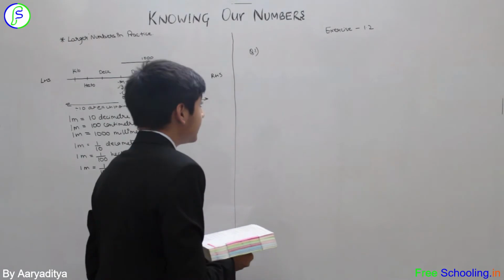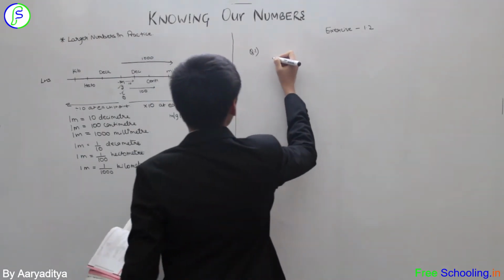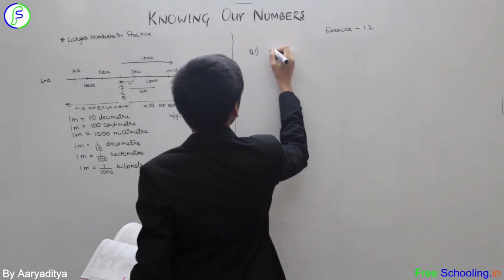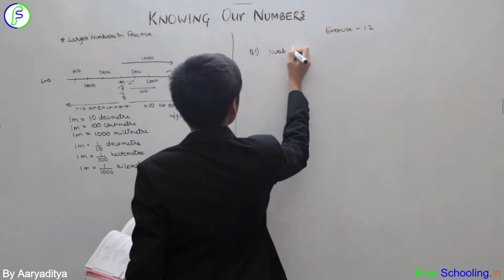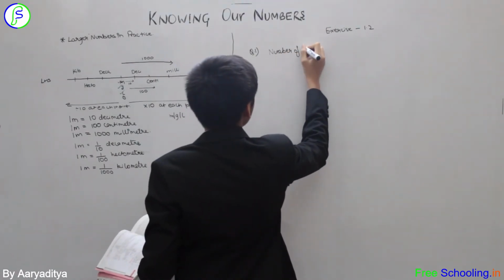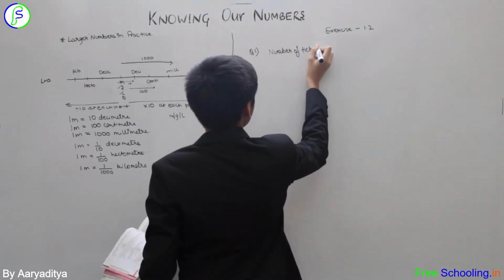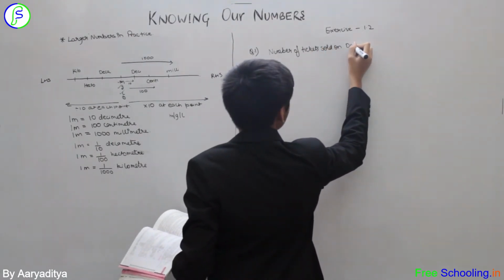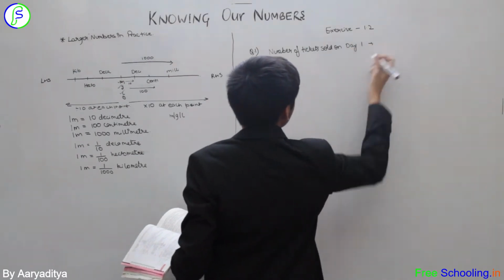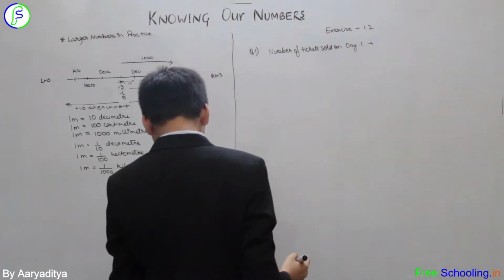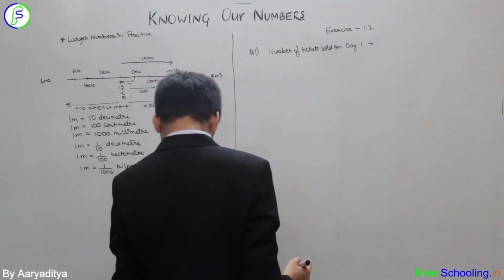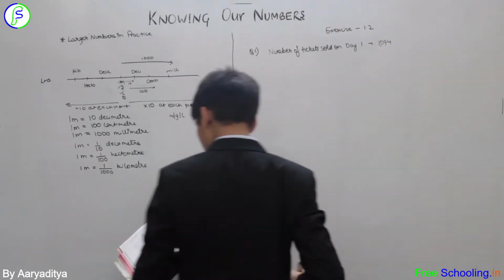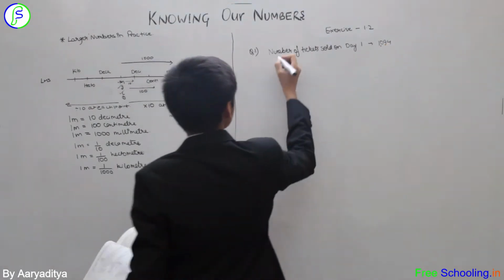Let me note down the data. The best way to represent it is like this. Okay. So we would be just writing number of tickets sold on day 1. What is the given data? It says 1094. Okay, now same applied.